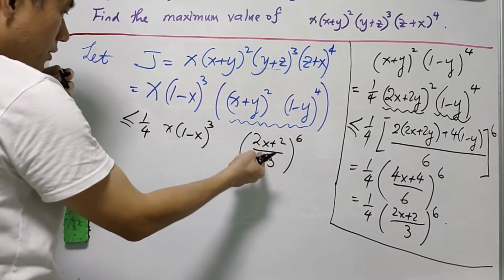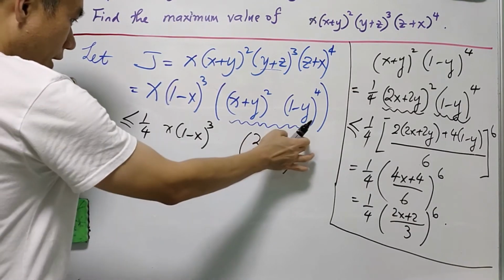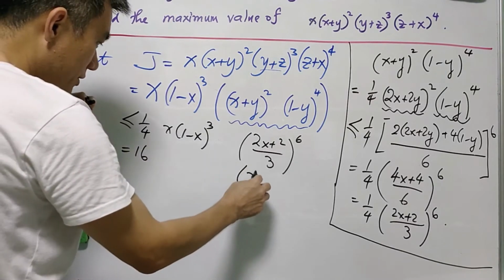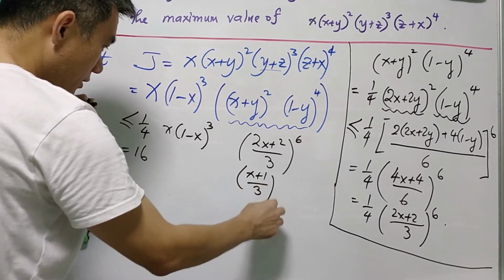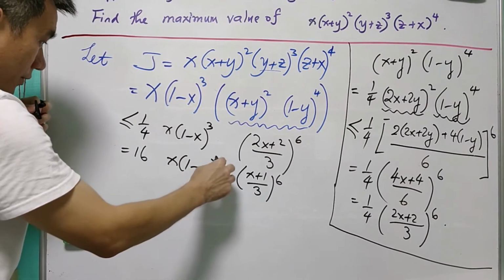Now we are going to factorize the 2 out, and this will be equal to 2 to the power of 6, that is 64, over 4, and what we have is x plus 1 over 3 to the power of 6. Then copy down x times 1 minus x to the power of 3.